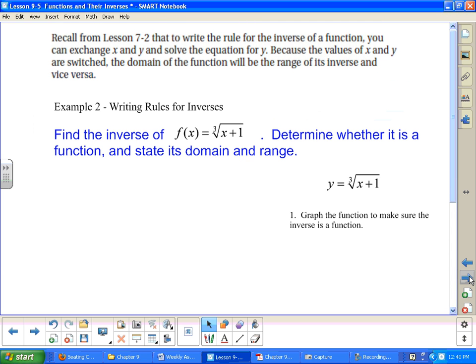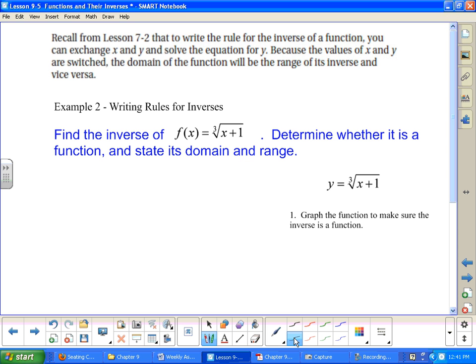Okay. All right. Finding the inverses again. All right, we talked about working your way through them by working backwards or undoing things, okay? But we also talked about switching x and y and solving for y. So let's look at that. So here I have the function cube root of x plus 1.